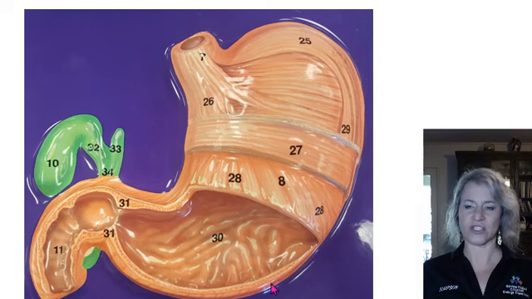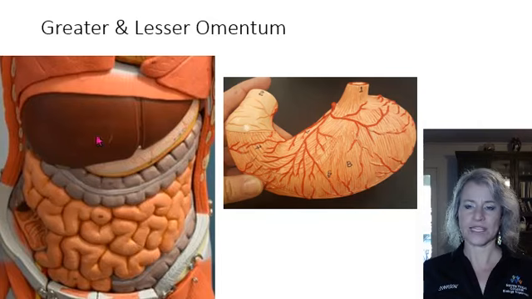This is where we get the names for the greater and lesser omentum. The greater omentum travels from the greater curvature of the stomach, down, back up to the transverse colon. So it makes this pocket.